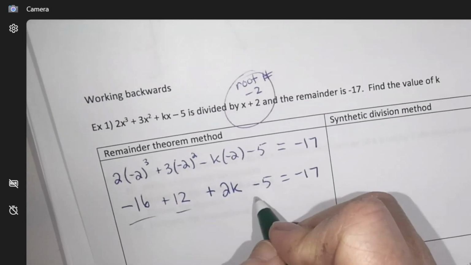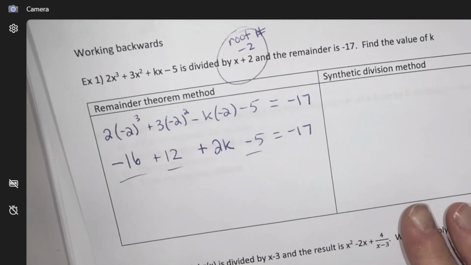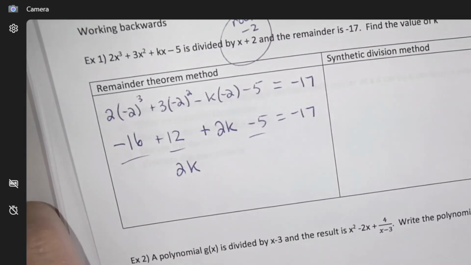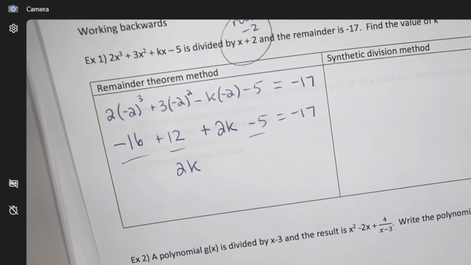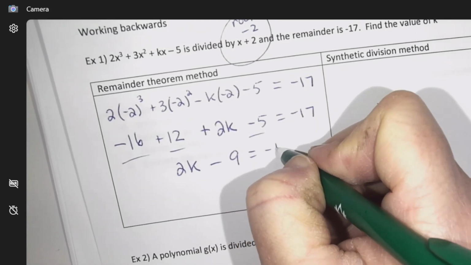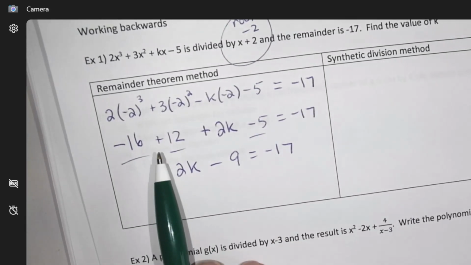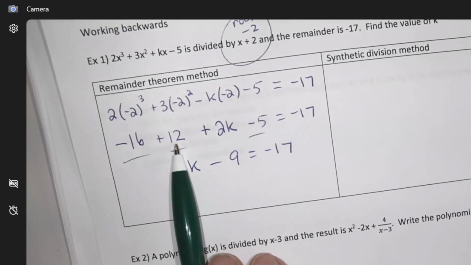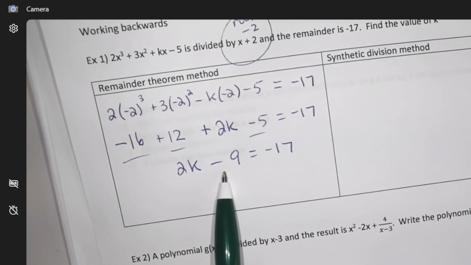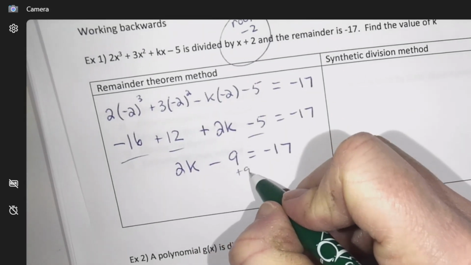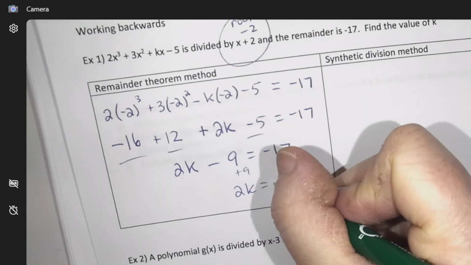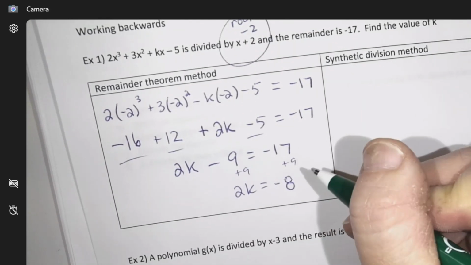Okay, give me all three of those together. Okay, so -16 plus 12 is -4, minus 5 more, we're at -9. Add 9 is what, -8?